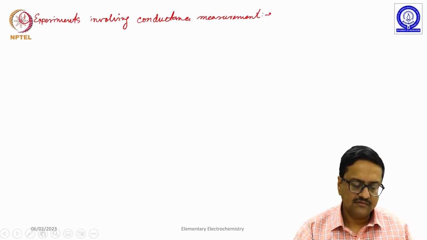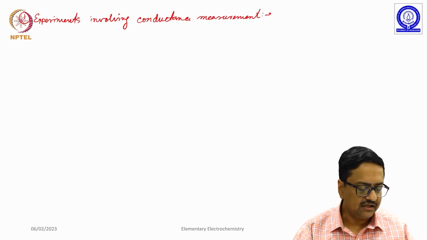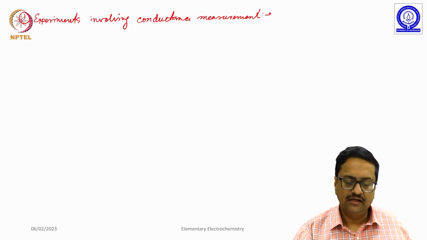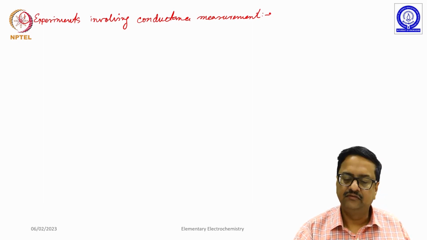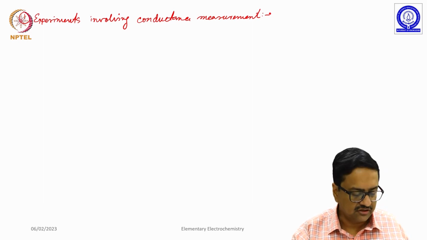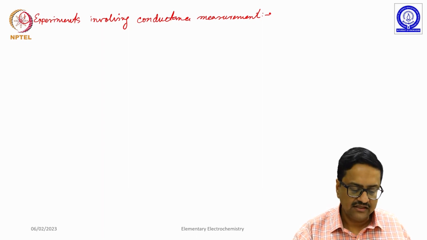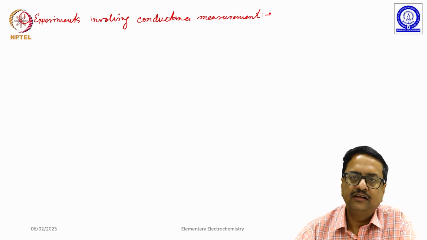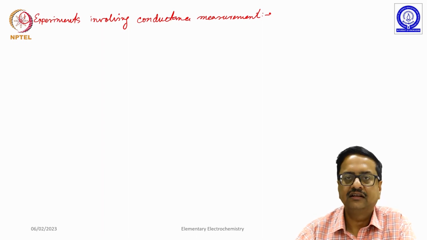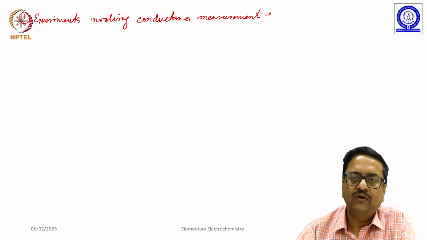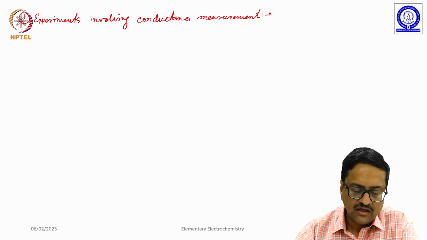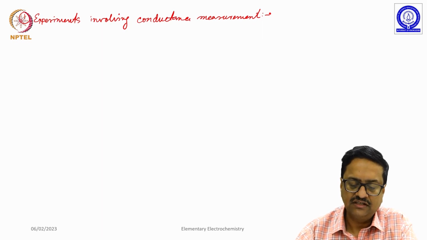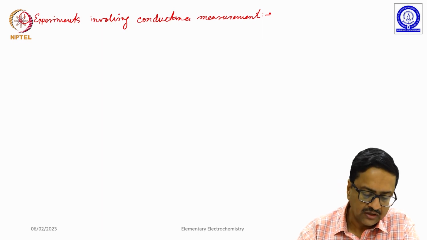So for these experiments, what we need is a conductivity cell which we have drawn in the past, and the cell should have a suitable electrode, normally a platinum electrode of 1 square centimeter area, kept at 1 centimeter apart, and the cell constant is then 1.